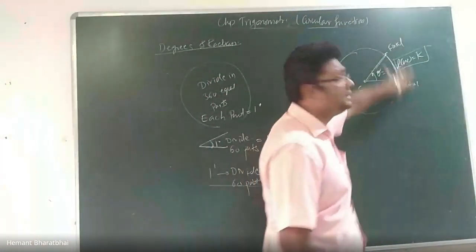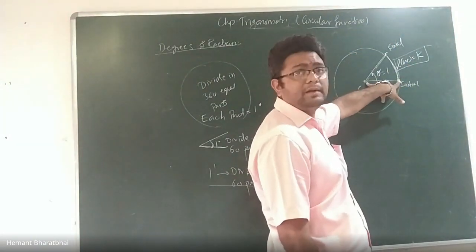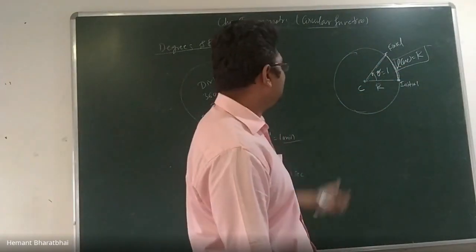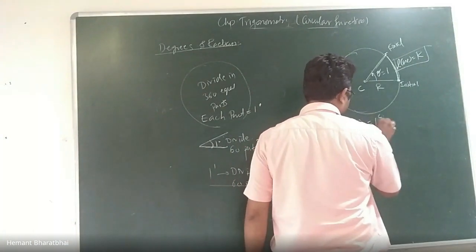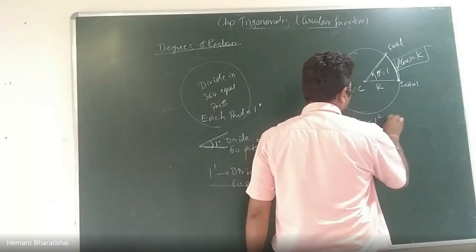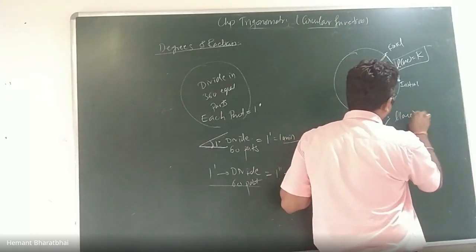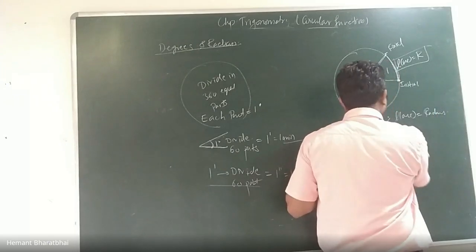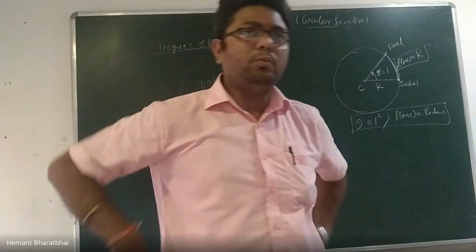So the angle traversed such that my length of arc is equal to the radius will be called 1 radian. When the length of arc is equal to the radius of the circle, the angle between the initial and the final position is called 1 radian.